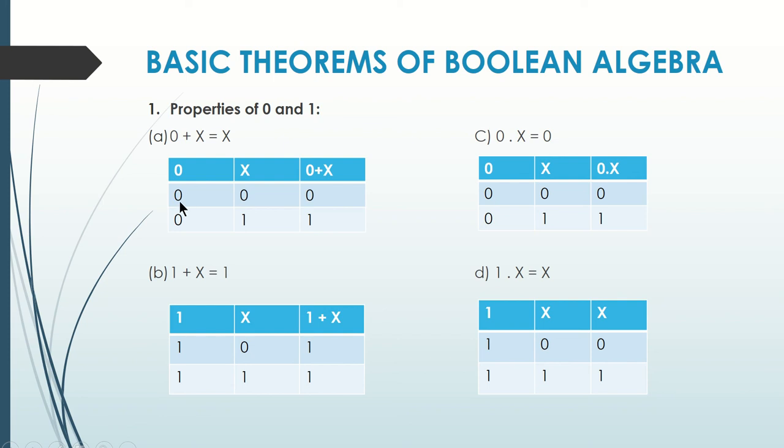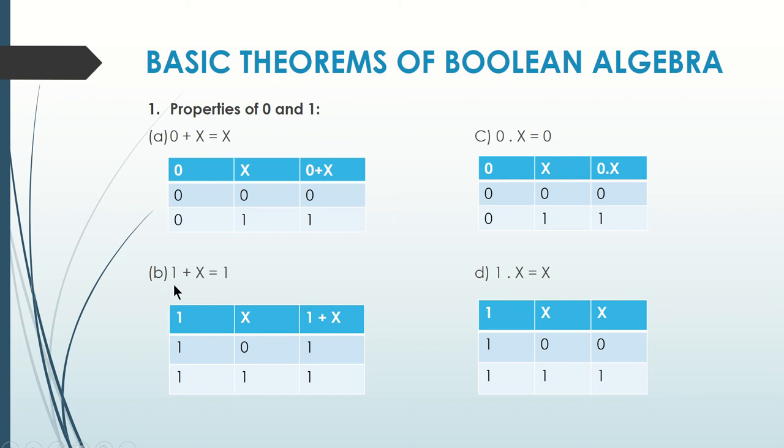If the x value is 0, then 0 plus 0 is 0, and 0 plus 1 is 1. When you look at these two columns, x is 0, 1, and 0 plus x is also 0, 1. So 0 plus x is nothing but x.